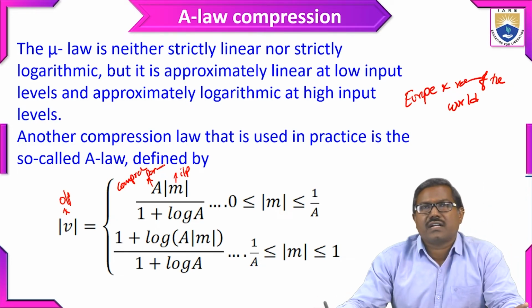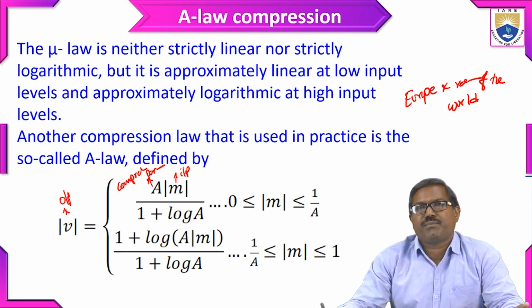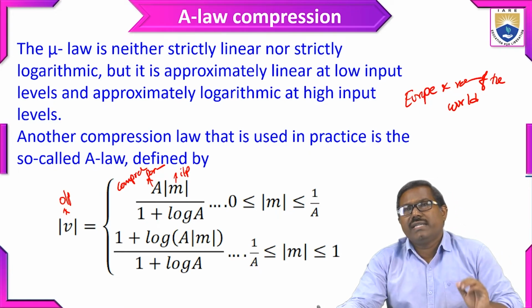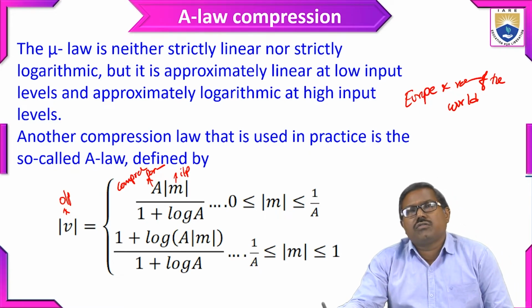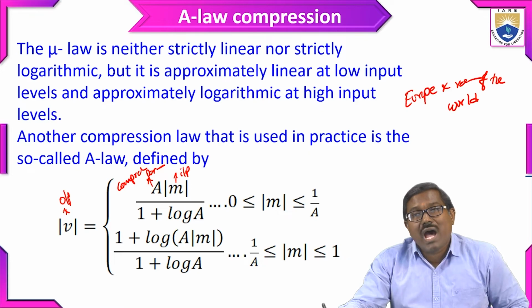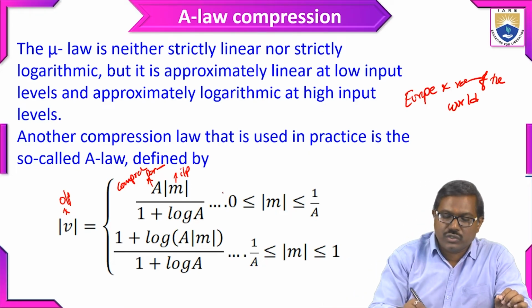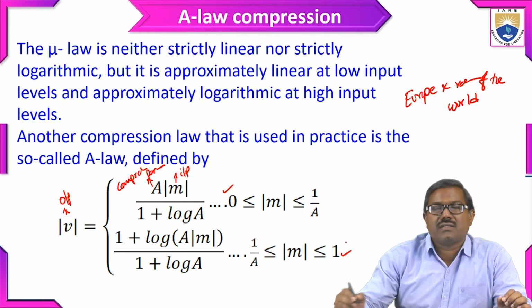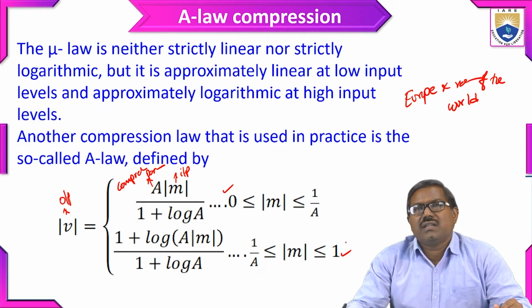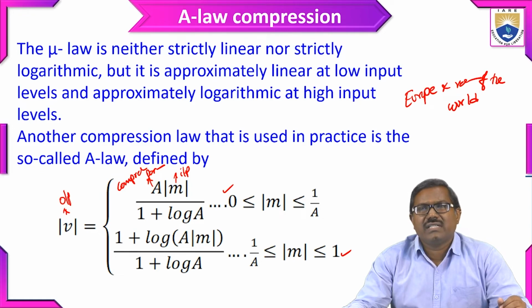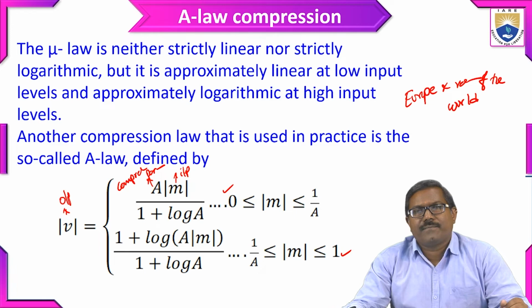Both laws, either mu law or A-law, use 0 to 1. It is normalized. So the unit value we are taking, from 0 to 1 by A is one region and 1 by A to 1 is the other.